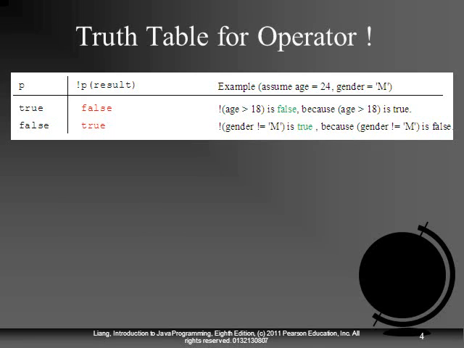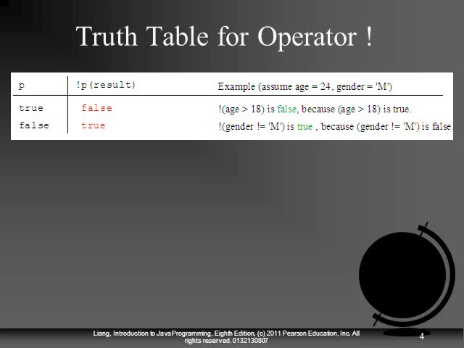We use truth tables to help us understand how these Boolean operators work. The left side of the table under the column headed T represents a proposition, such as assume age equal 21 or 24. And then the right side represents the result once the Boolean expression is evaluated based on the operator.